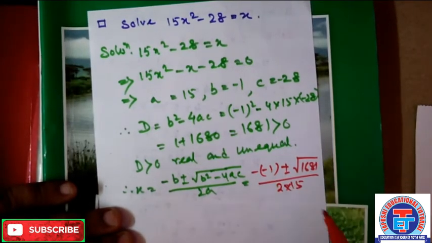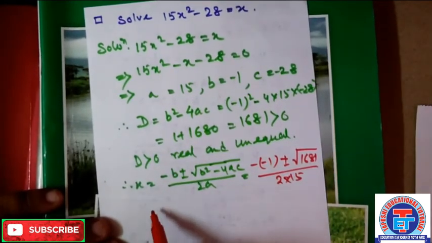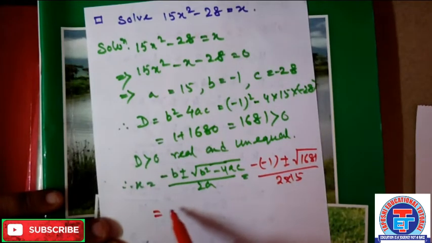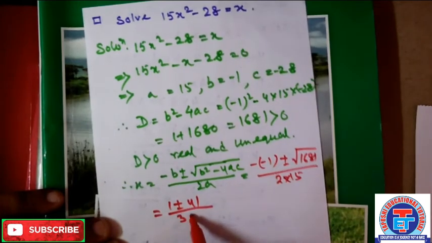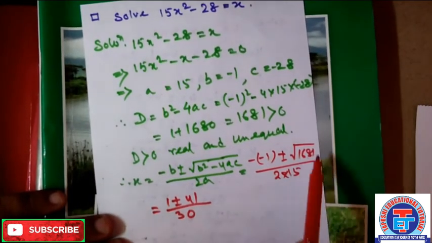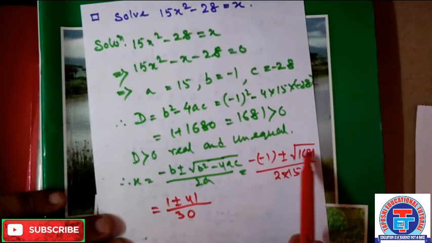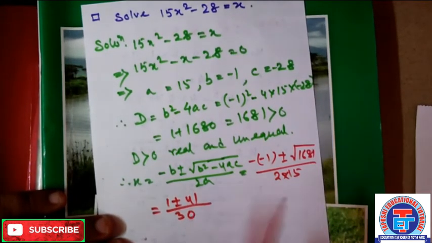Right, 2 into 15. So it will become 1 plus minus 41 by 30. Okay, so you calculate this square root, calculate this root and find out 41.